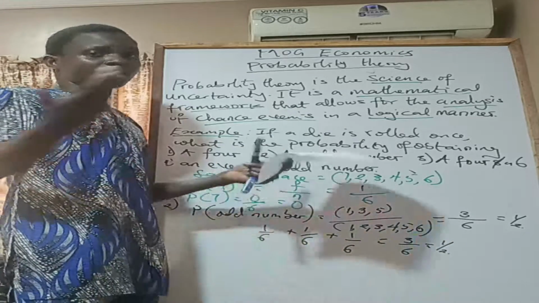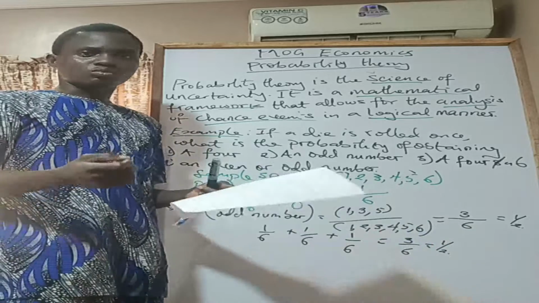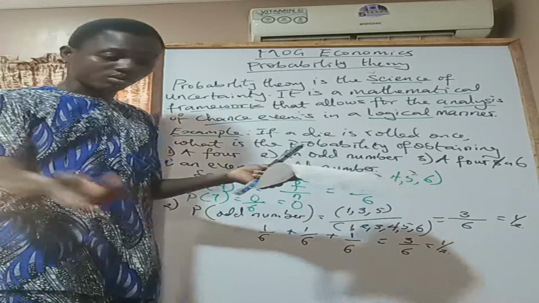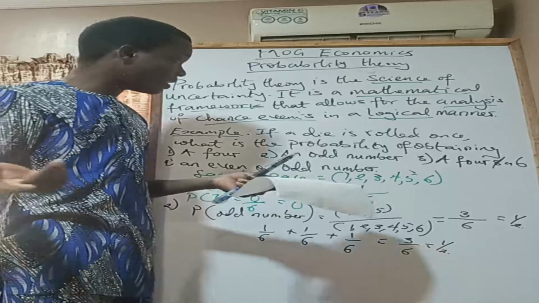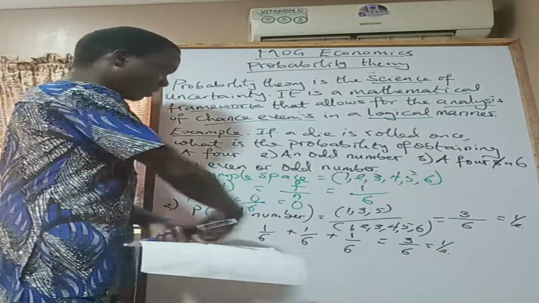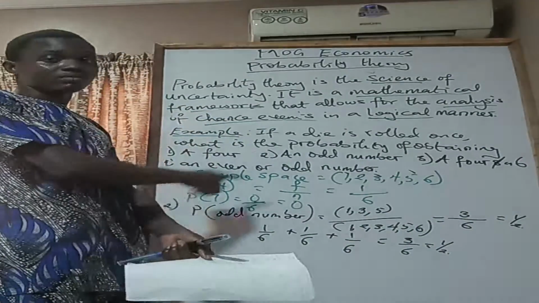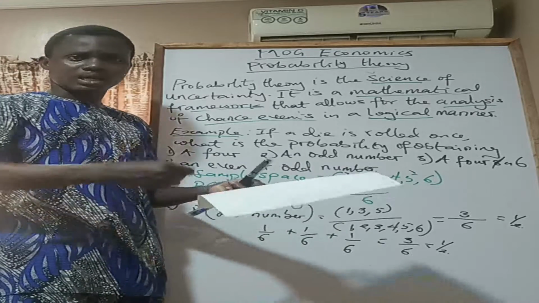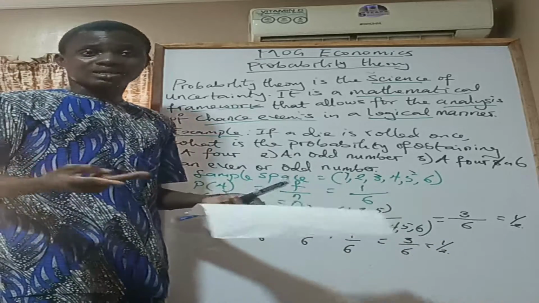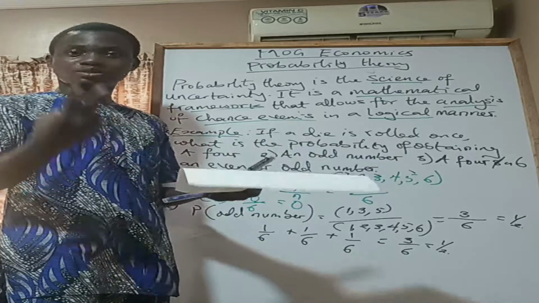For example, here, thankfully you know what a die is. So what are you calculating for real? If you toss a die once, you can't get a 7. The probability of getting a 7 is 0. And if you toss a die once, you can't get 2 numbers. It's either you get 1 or you get 2, because you are tossing the die just once.